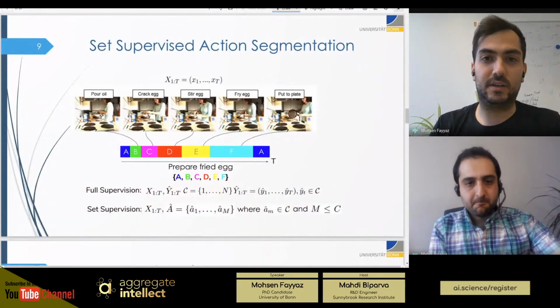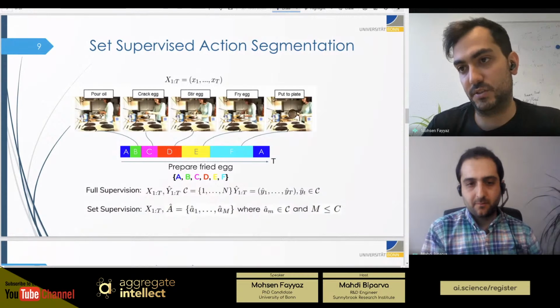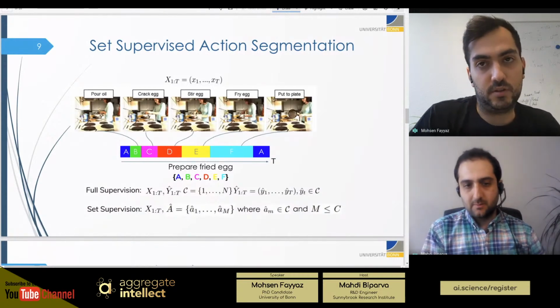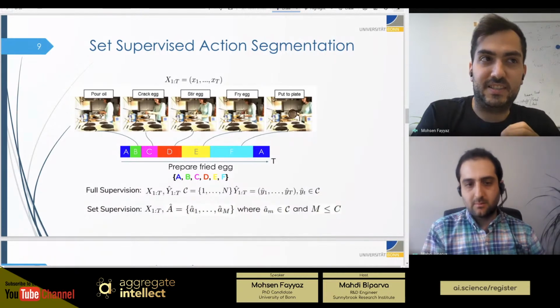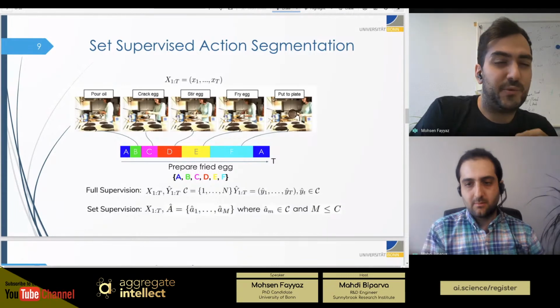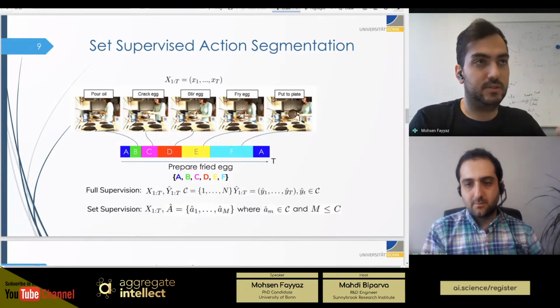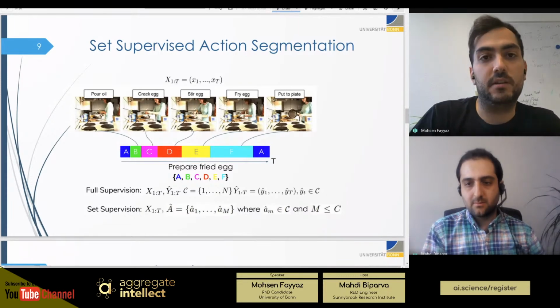So we said that as a weak supervision, we use these ordered sequences of actions. And definitely it's cheaper to have it compared to the full supervision. However, it's still a little bit rare, because how can we get an ordered sequence of actions for every video? Is it freely available?